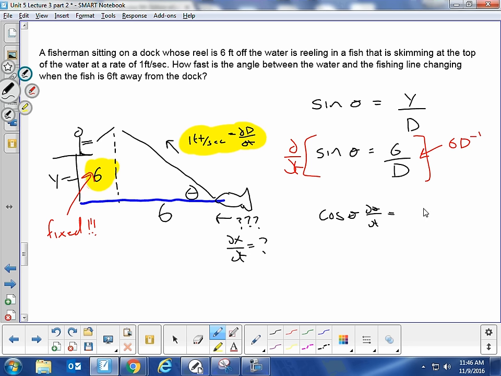The derivative of the right side is negative 6d to the negative second, which is negative 6/d squared, dd dt. Now, we remember that d in this specific instance was 6√2. That's changing. So I can plug in 6√2 and square it.